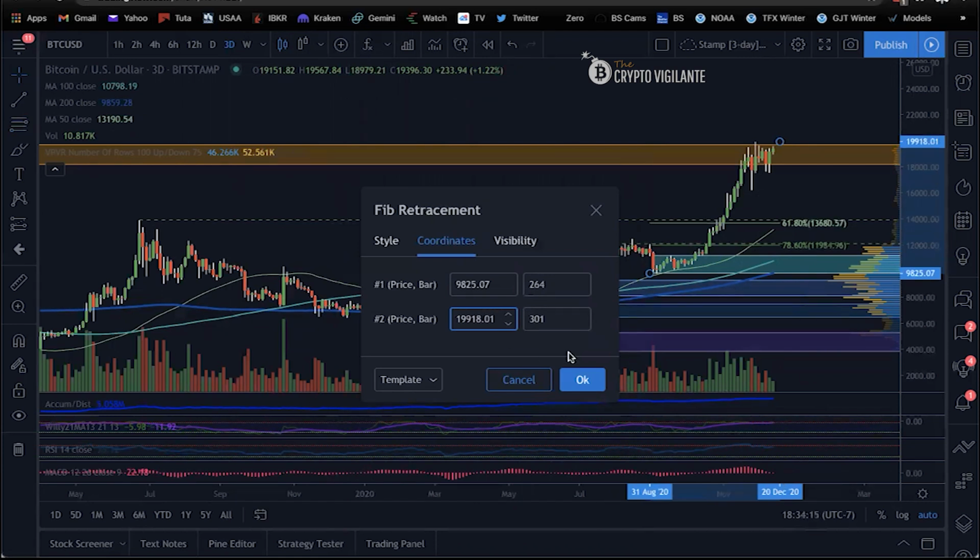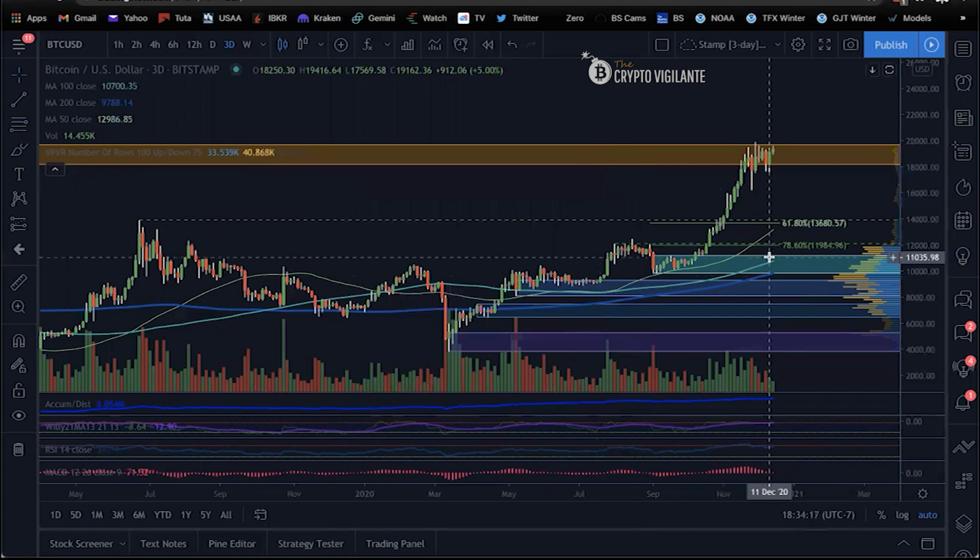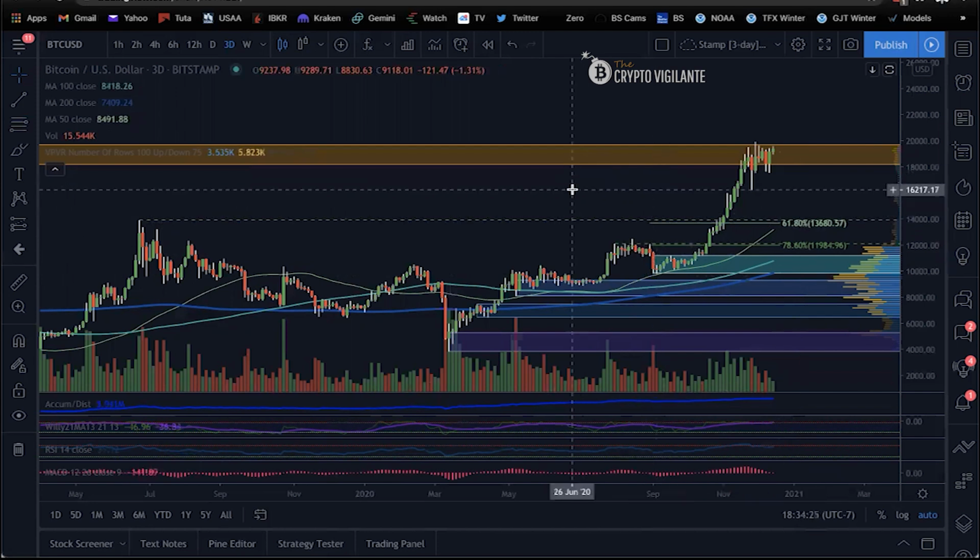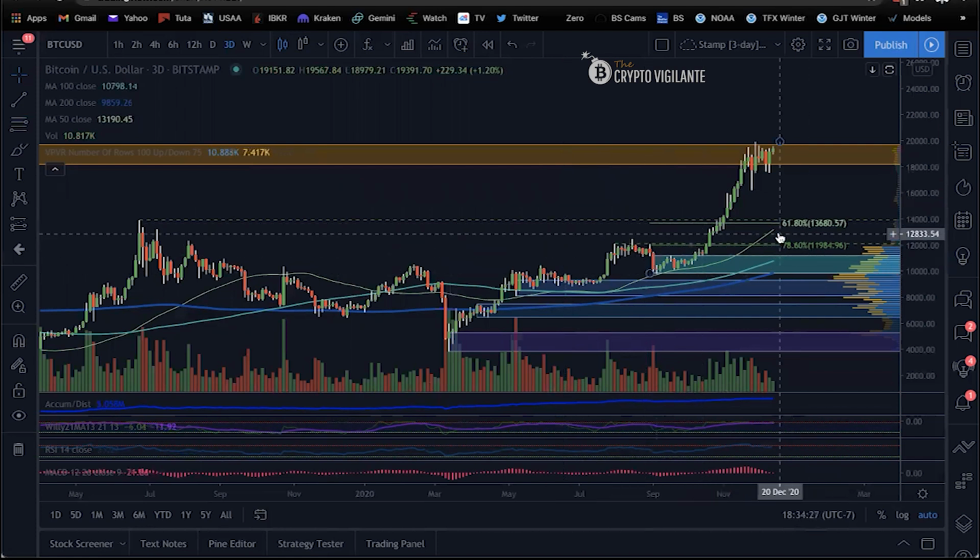We got an exact fib on there. Boom, boom. There you go. 11.9 to 13.6. So that's where those numbers came from in those CMUs a little while back when we were fairly bearish. Still could happen.